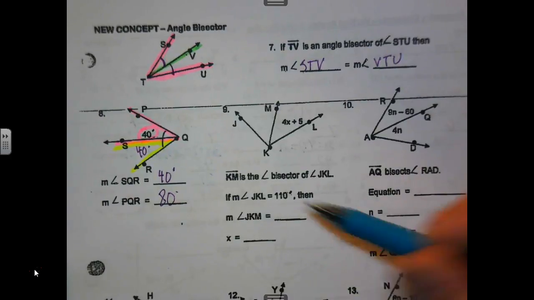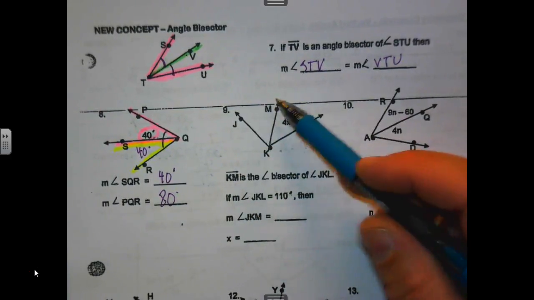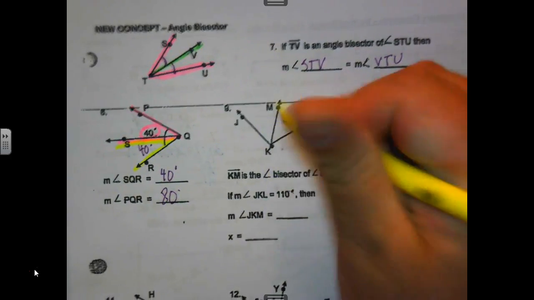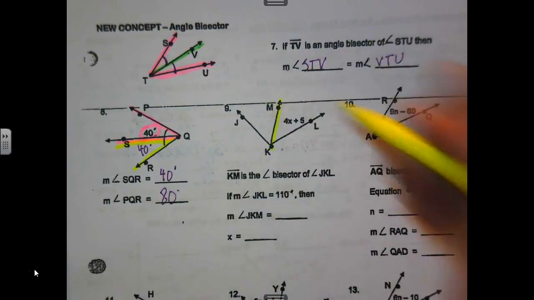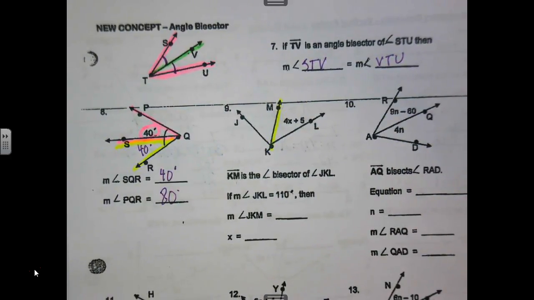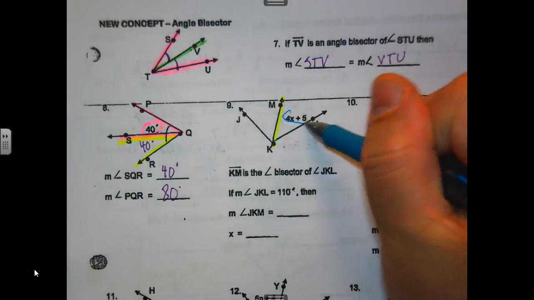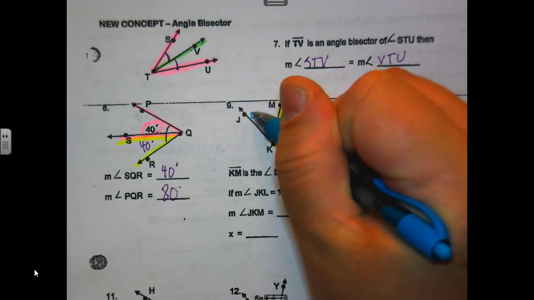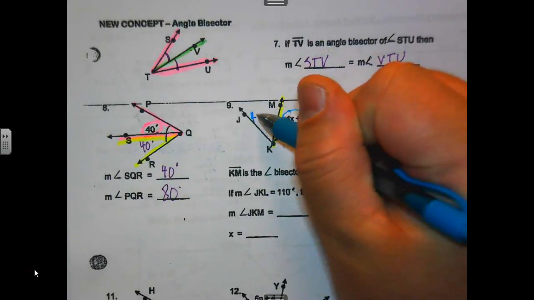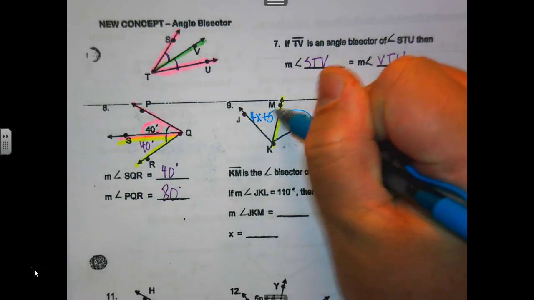Okay. Ray KM is an angle bisector. If the measure of angle MKL is 4x plus 5, wonderful. The measure of JKM has to be 4x plus 5.